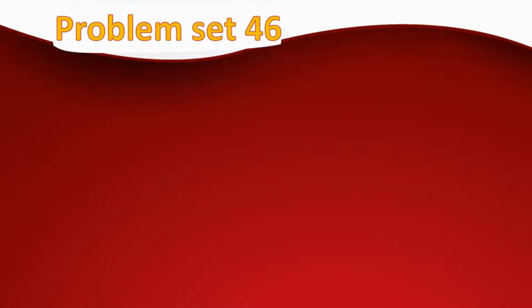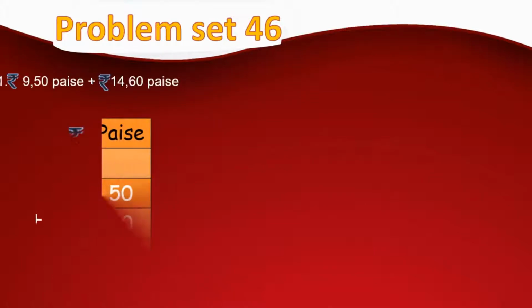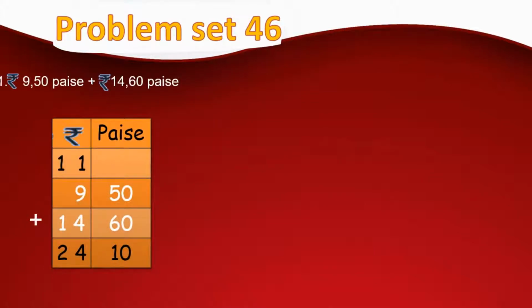So let us solve addition problems on measurements from problem set 46. So here is the first example. As you can see here, we have to add 9 rupees and 50 paise and 14 rupees and 60 paise.